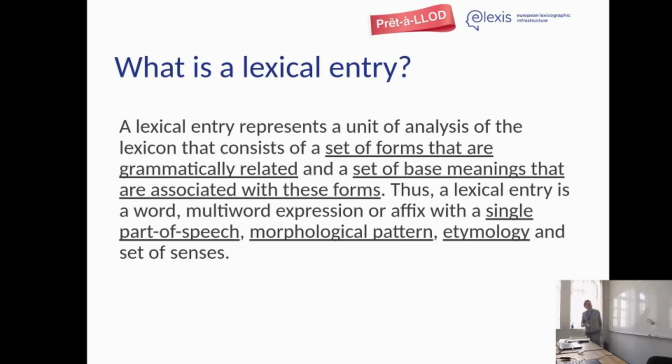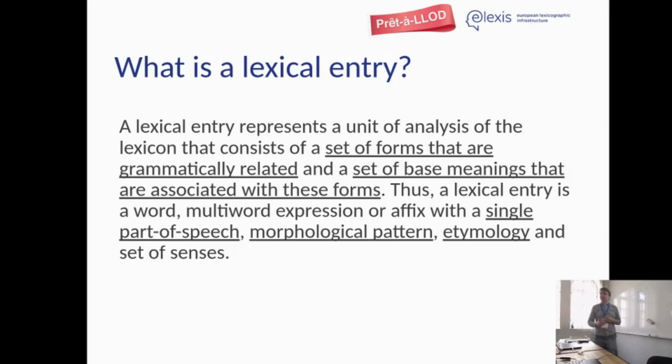Thus, a lexical entry is a word, multi-word expression or affix with a single part of speech. So we make this very strict definition that a noun and a verb have to be different lexical entries. A single morphological pattern: if you have a morphological variation, for example, in many languages you might have different gender or different plurals.